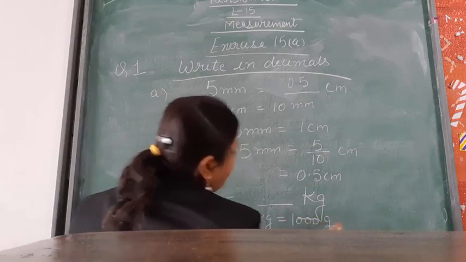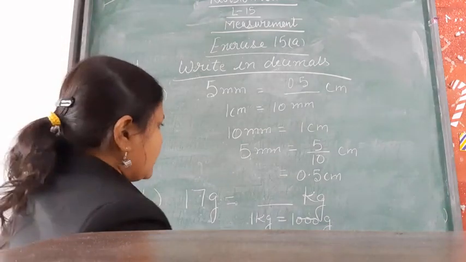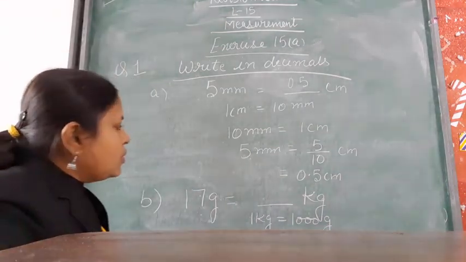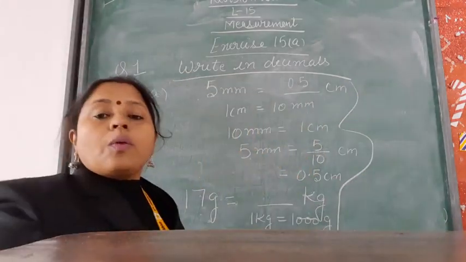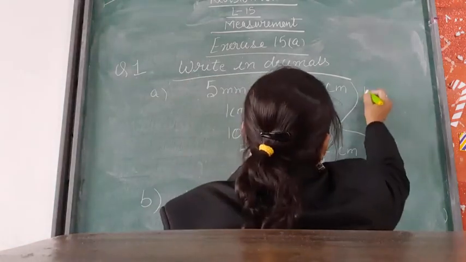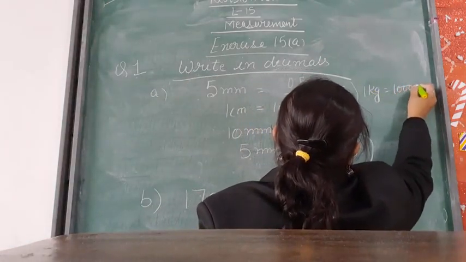That is, in 1 kilogram we have 1000 gram, right? Now since the space is very less, we will do this question here. So in 1 kg we have 1000 grams, right?